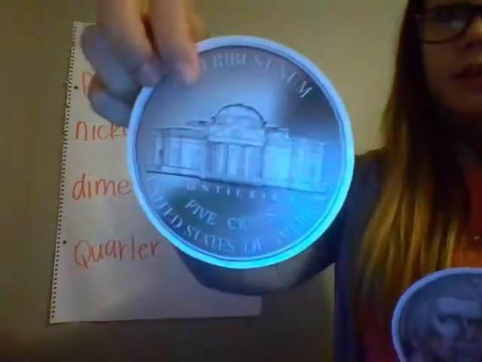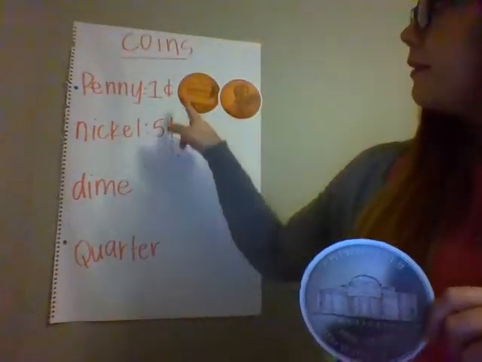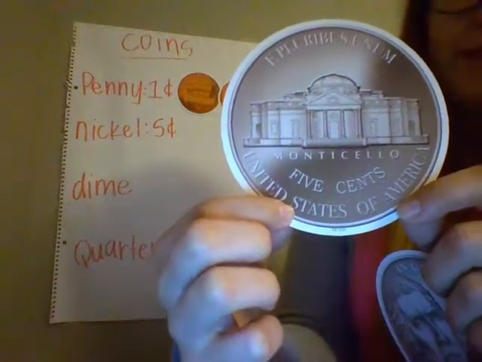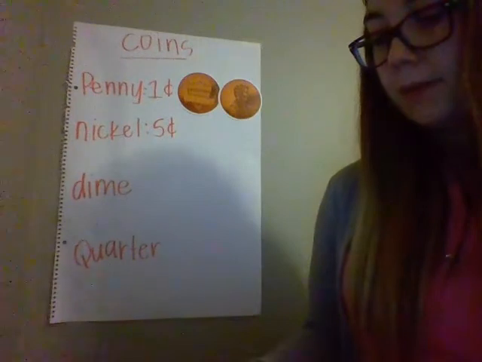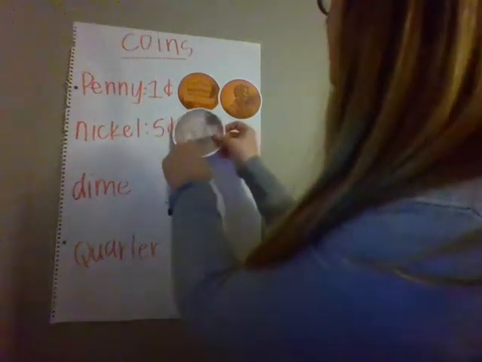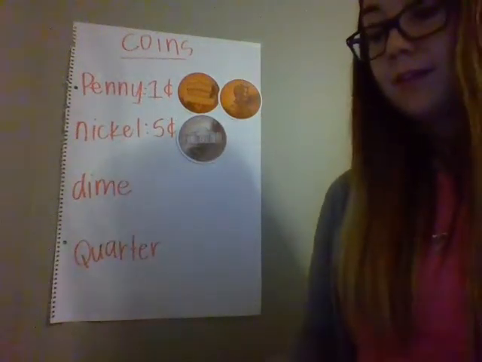And here's the other side of a nickel. And just like the penny said 1 cent, a nickel down here tells us that it is 5 cents. So I'm going to take my tape, put these up on your poster. I want you to pay attention. What is the same? Is there something you're noticing that's different?